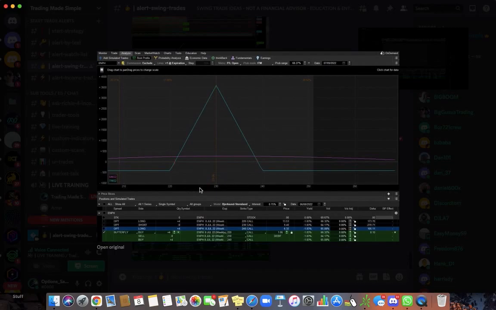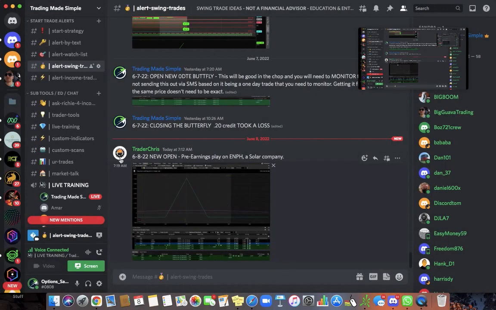On a butterfly, the standard in its teaching is get out at 50 and get out at 100. And if you have multiples, keep a runner because that 100 could go to 400, because a lot of the butterflies are structured so that you're getting way more reward than you are risking. It's a very cool play.